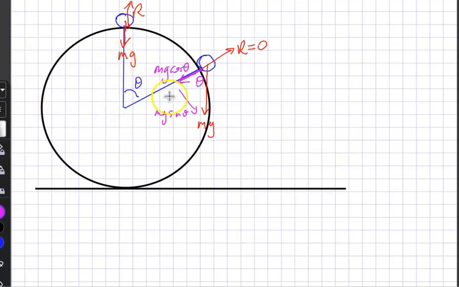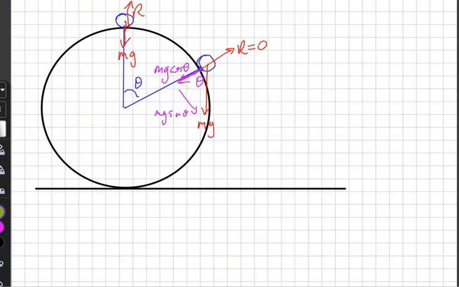You've got your Z, your alternate angles. So the force of gravity towards the center of the circle is mg cos theta. The force perpendicular to that is mg sin theta. We're not really interested in that bit. It's only the mg cos theta we were interested in.